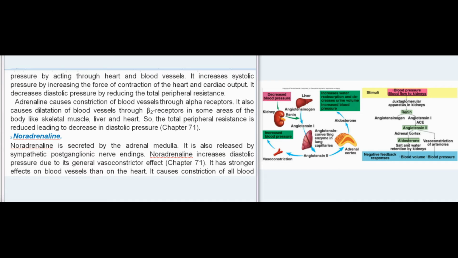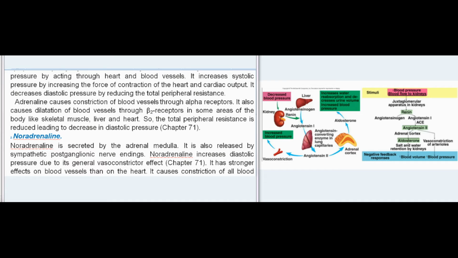Adrenaline causes constriction of blood vessels through alpha receptors. It also causes dilatation of blood vessels through beta-2 receptors in some areas of the body like skeletal muscle, liver, and heart. So, the total peripheral resistance is reduced, leading to decrease in diastolic pressure, Chapter 71.